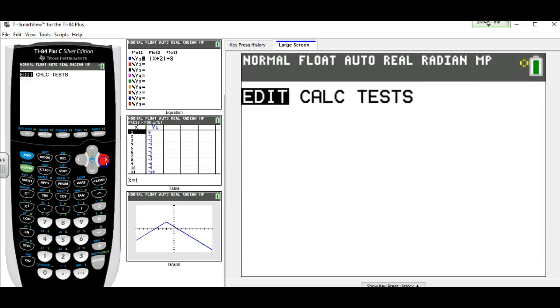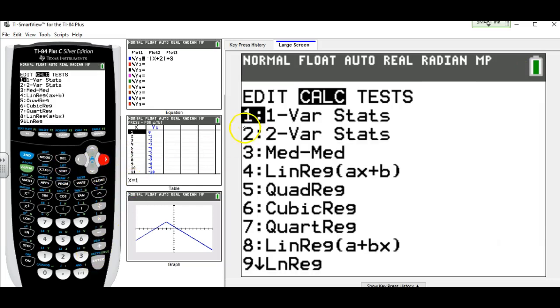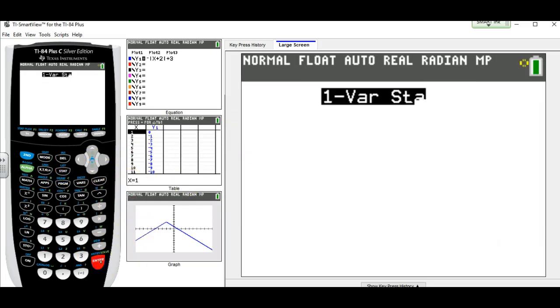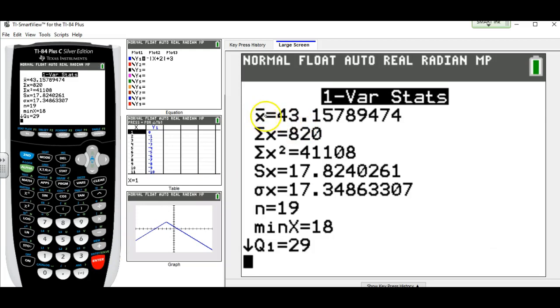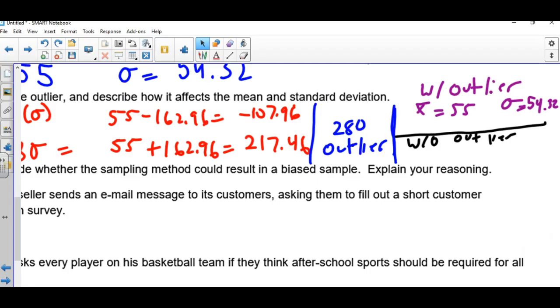We're going to put stat, calculate one more time. Same option, number 1 right there. And here is the new mean. The new x bar, the new mean is 43.16. And the new sigma is 17.35. So let's add that.